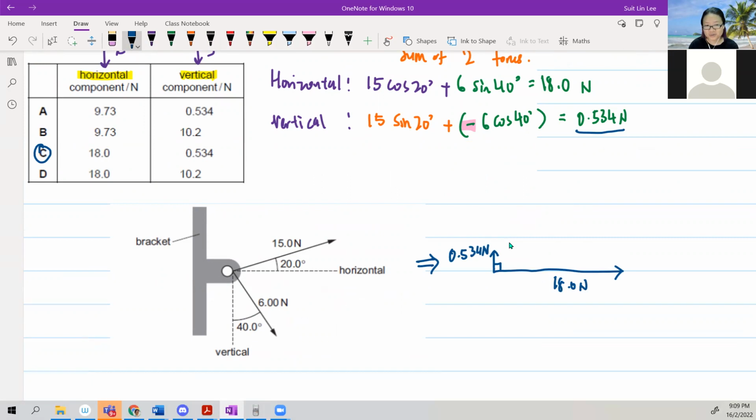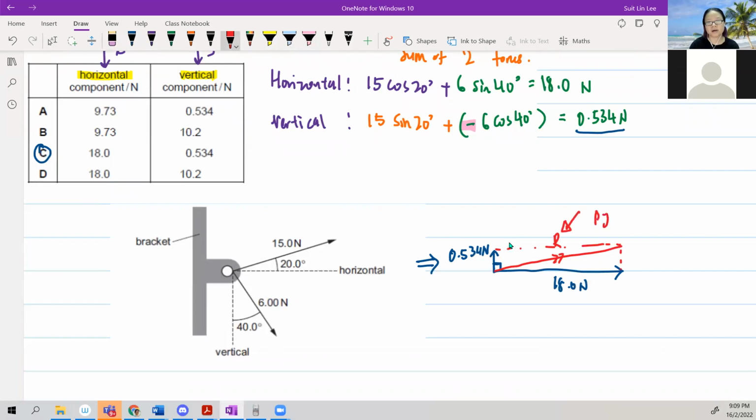Remember, we love 90 degrees? Because if I want to find the resultant, which is the sum of these two vectors, so this is R, I can easily find this using Pythagoras.